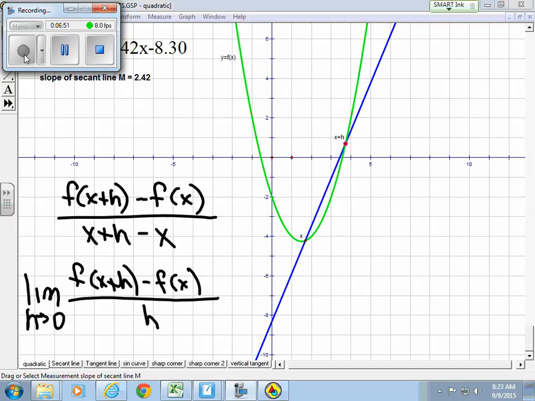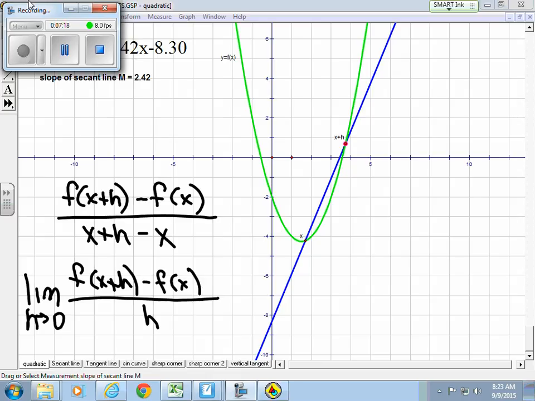What's h? Okay, this is x and this is x plus 3. Okay, 3 would be h, right? It would be the distance between the 2 points. So we're looking at the limit as the distance between the 2 points goes to 0.